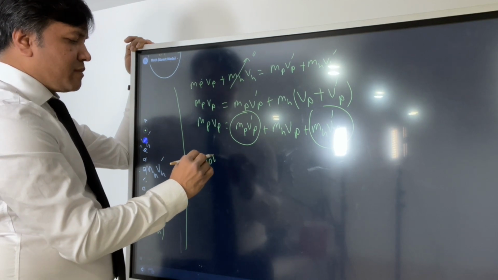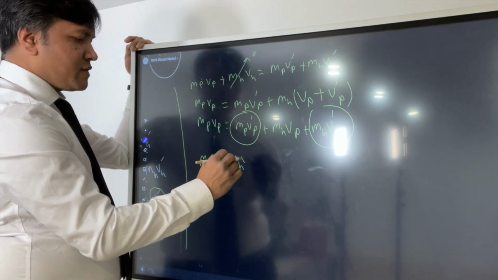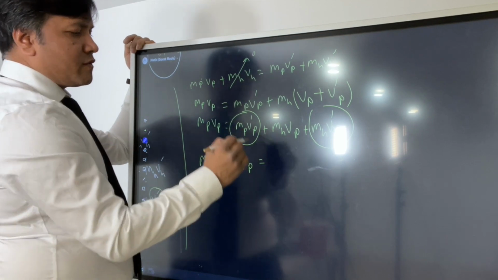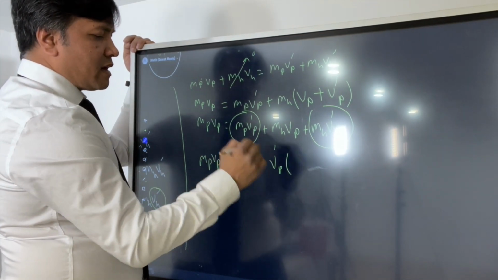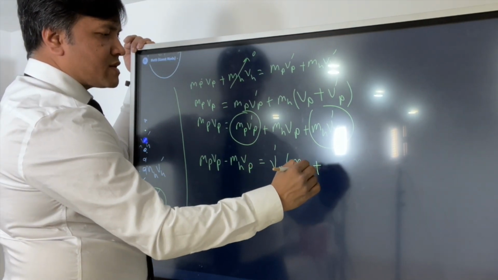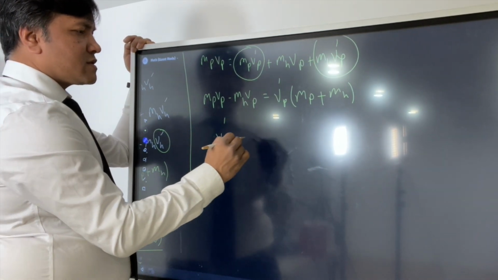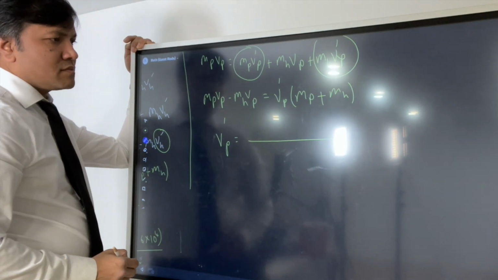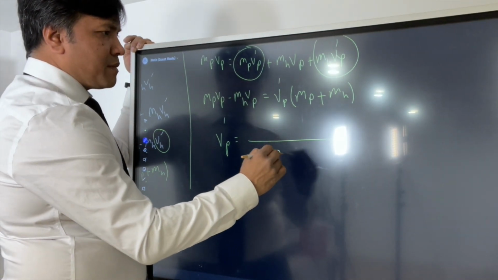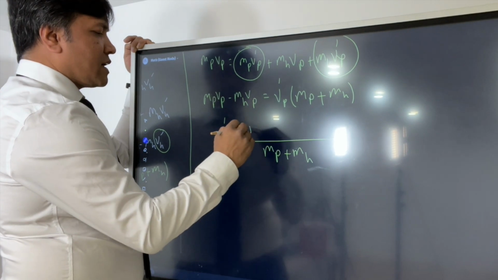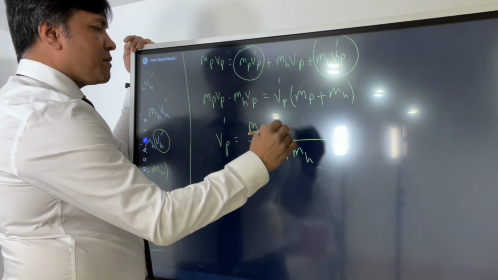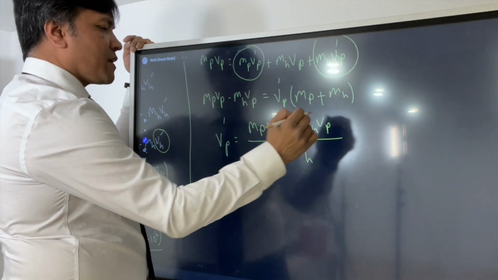So MP VP minus MH VP is equal to V prime P times MP plus MH. So V prime P is equal to MP VP minus MH VP, divided by MP plus MH.